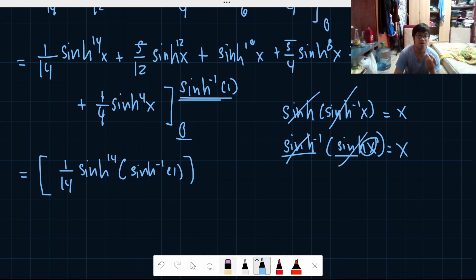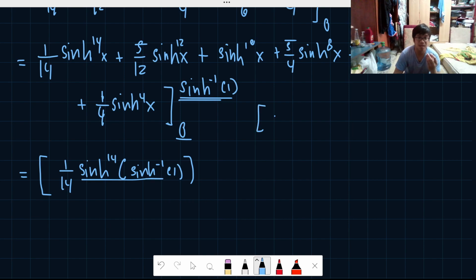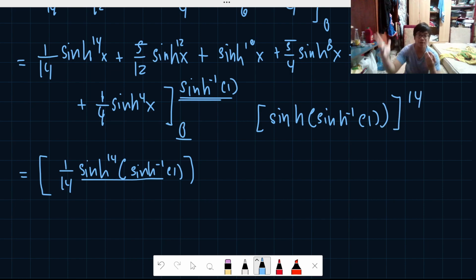So here, let me show you. You see this thing? This is just the same as hyperbolic sine of inverse hyperbolic sine of 1, raised to 14. We can simply bring out the exponent, and again we can cancel them.